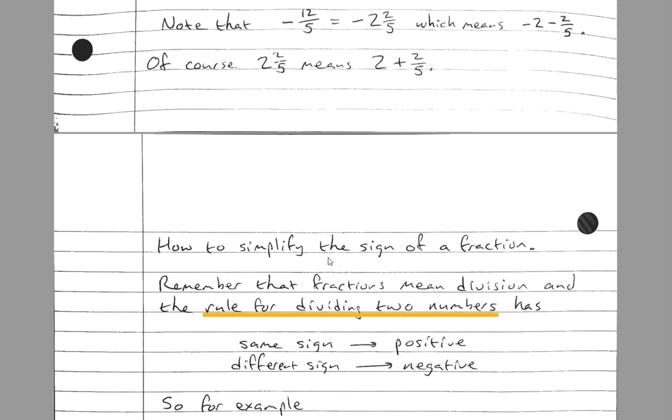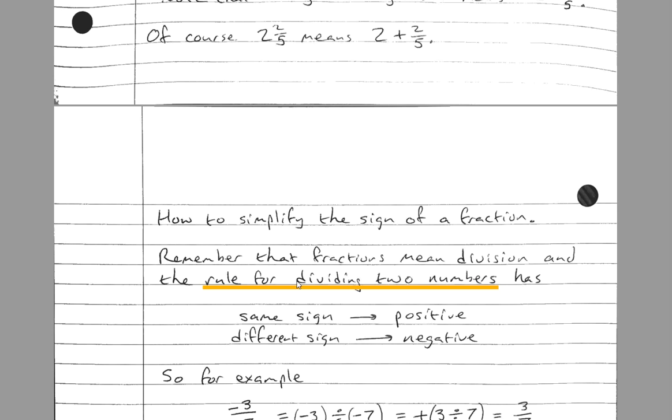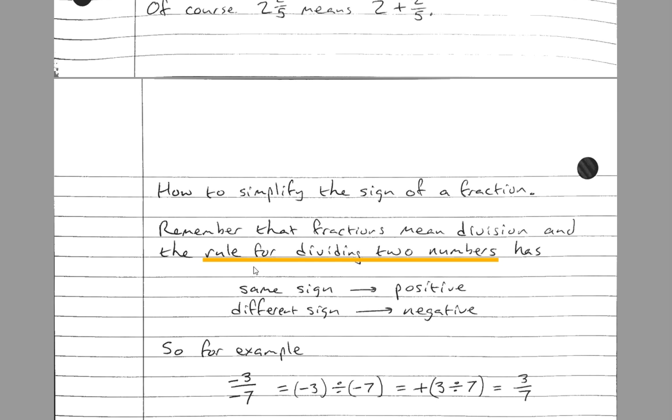So how to simplify the sign of a fraction. Remember, fractions mean you're dividing the top number by the bottom number. If the two numbers in your fraction have signs, then if they have the same sign, so you're dividing two numbers with the same sign, then the answer is positive.